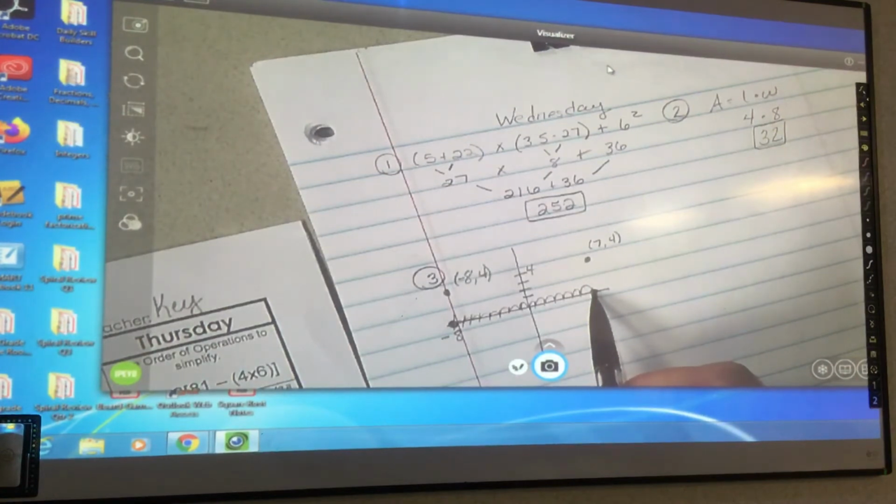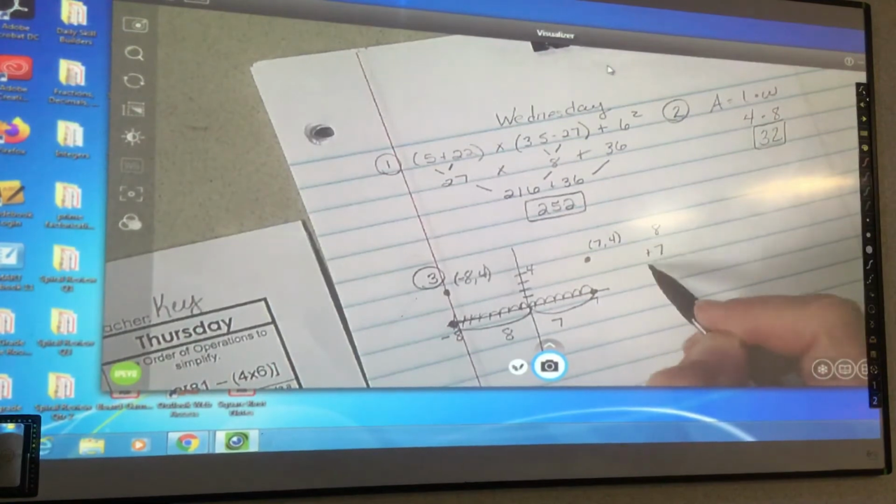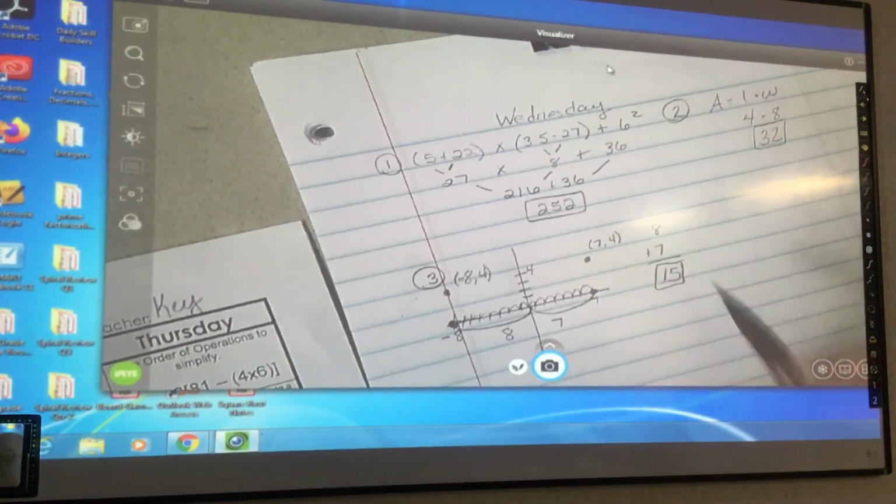So the distance is 15. Here's another way you can do it. If it takes from a negative 8 to 0, how many ticks is that? 8. From 0 to 7, there are 7. So 8 plus 7 equals 15. Oh yeah, that is a lot easier.